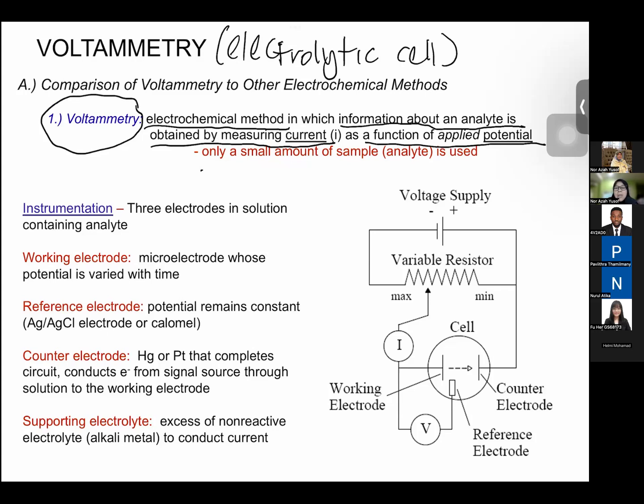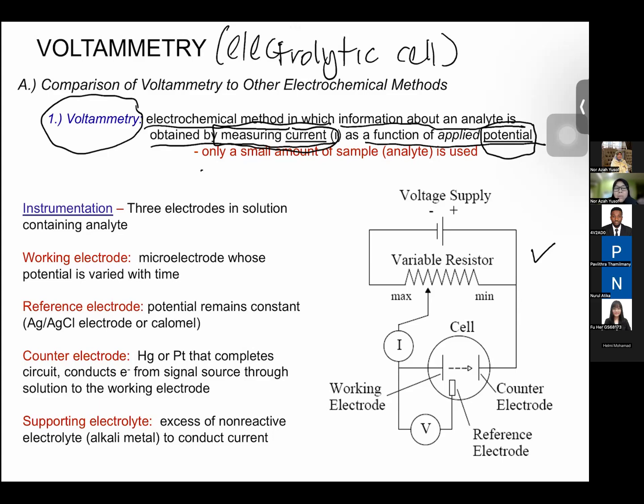In order to obtain information about the analytes, we have to supply potential to the system. This is the potentiostat. The potential has to be supplied, and we can observe current once the chemical reaction happens.